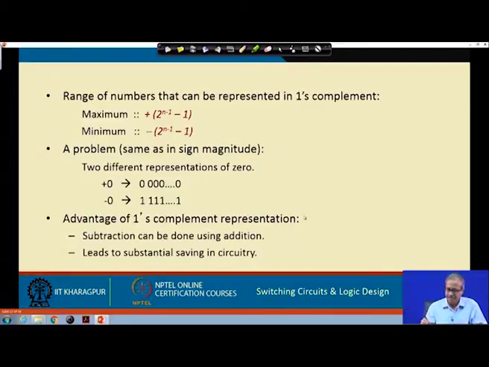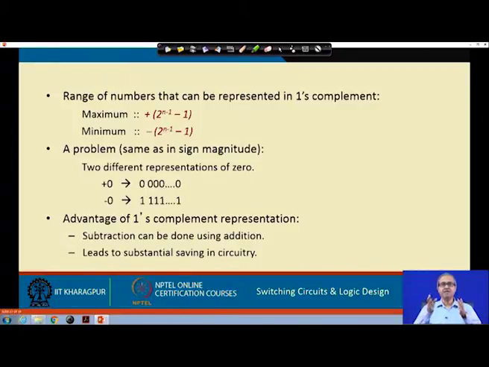But one big advantage is there, this of course we shall not be discussing now, we will be discussing later, that one big advantage of 1's complement representation is that when you do subtraction, you do not need to separately subtract numbers, because you can subtract numbers using addition only. So, what does it mean? Well, in a computer system we have both addition circuits and subtraction circuits.